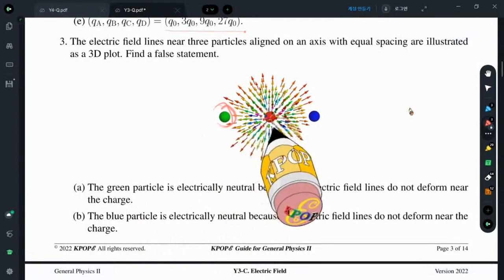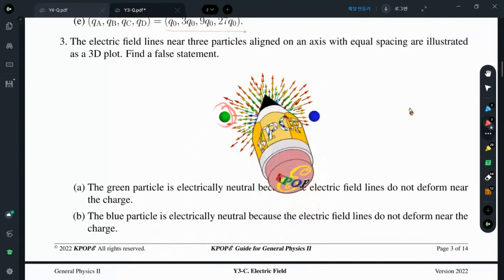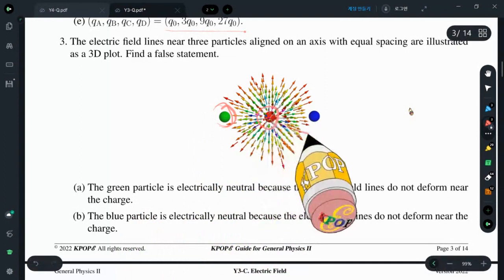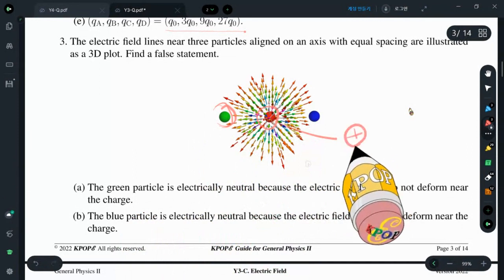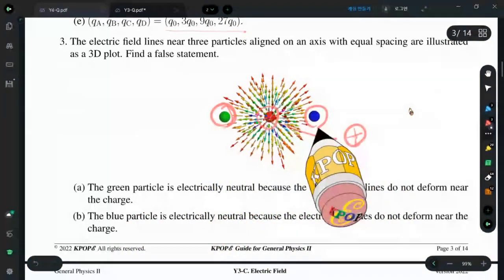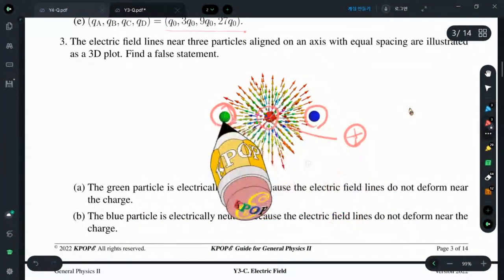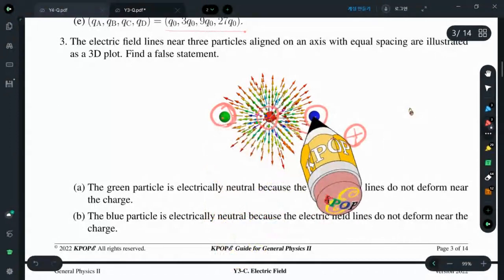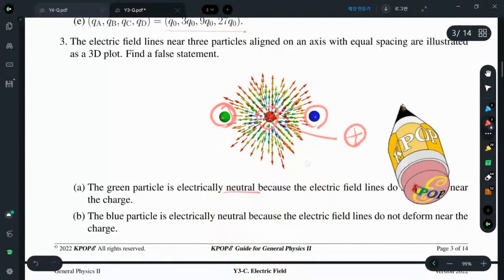For example, the red charge emits electric field everywhere, so this one should be a positively charged particle. But both this green one and blue one do not modify the electric field. We think both of them are electrically neutral.